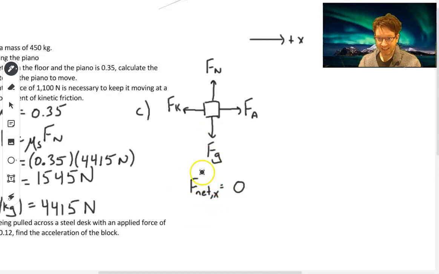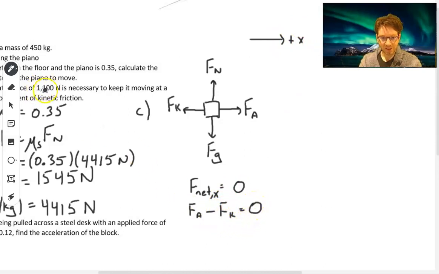So in this case, you have the applied force minus, so kinetic friction is negative, because we chose the right to be positive, so minus kinetic friction equals 0.